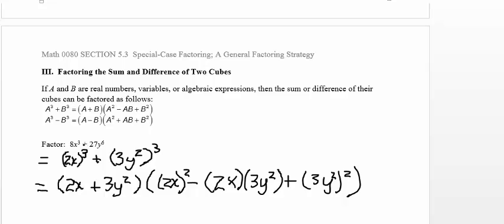So the original problem had a plus. In the trinomial, the first operation is a subtraction. And here I've got a squared minus ab plus b squared. And I should do one final step to simplify that trinomial factor.